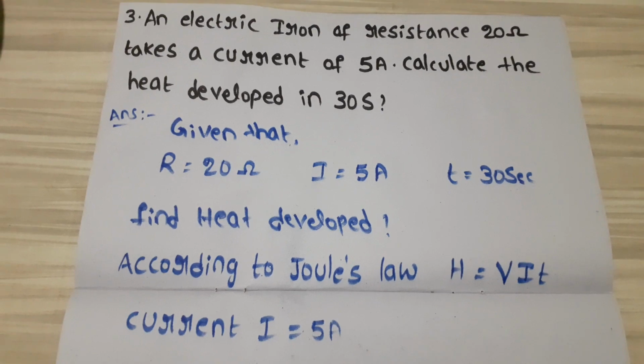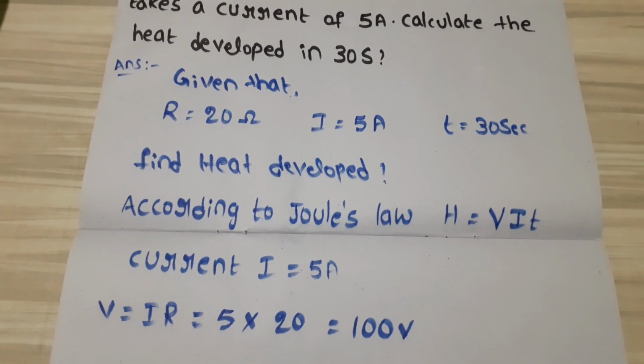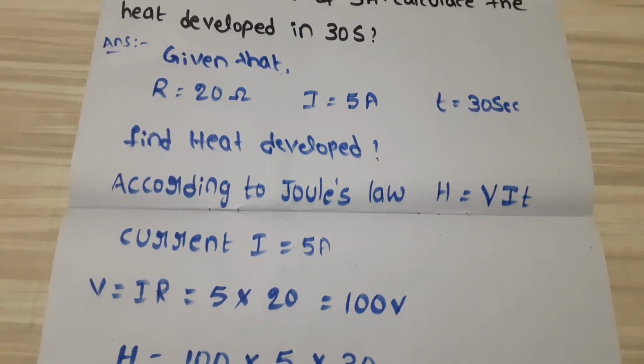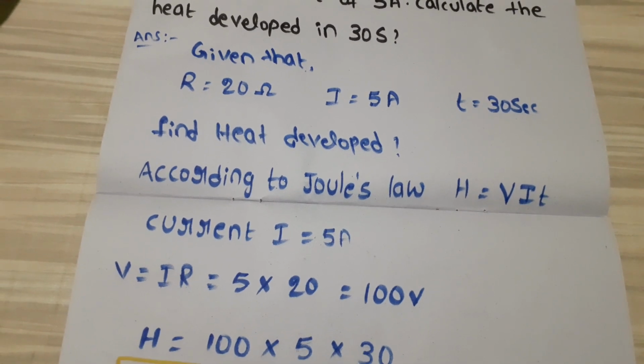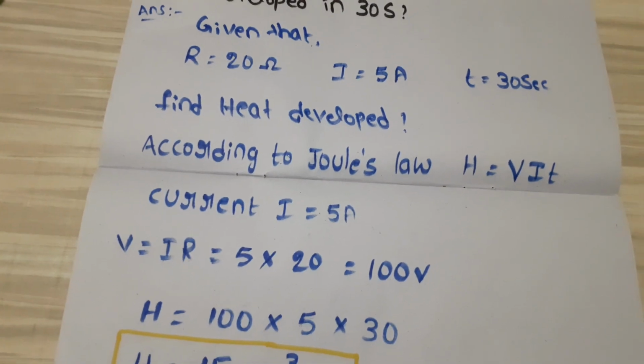We have to find the H value. So first of all, note down the given data: R equal to 20 ohms, I equal to 5 ampere, T equal to 30 seconds. Find the heat developed. So how to find the heat?